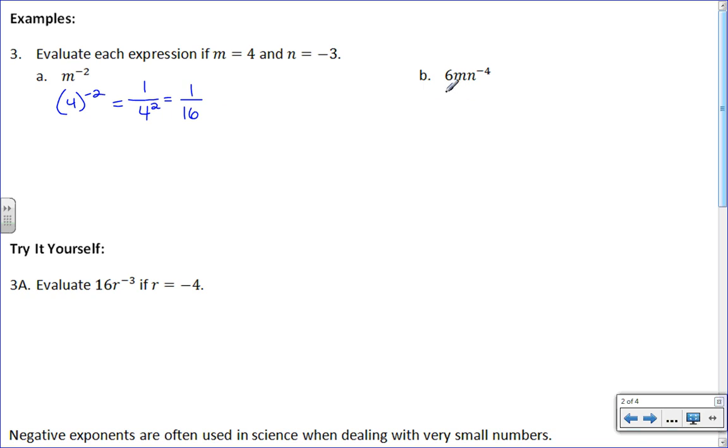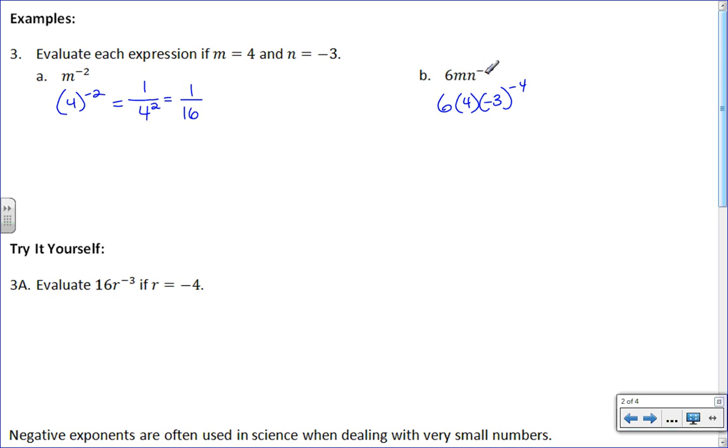Alright, let's look at B. This is 6m n to the negative 4. So let's see, we have 6, m is 4, and n is negative 3. And notice here that the n is the only one that's raised to the negative 4 power, not the m and not the 6. It's 6 times m times n to the negative 4.